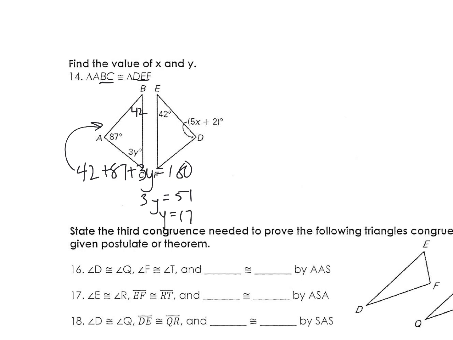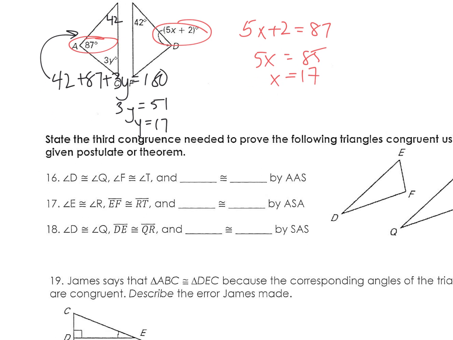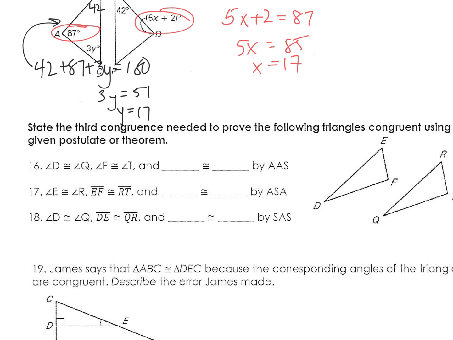X is actually nicer. Since A and D line up, I know that D has to be 5x plus 2, which has to be 87. So just a quick 2-step solve there. X is also 17.